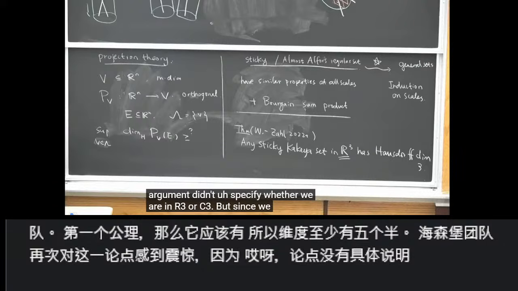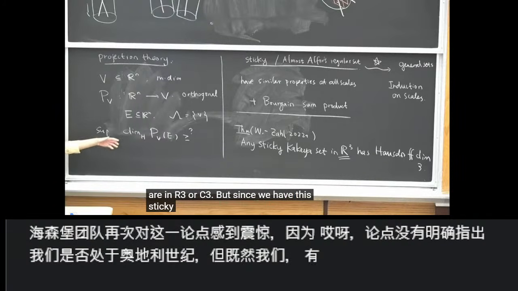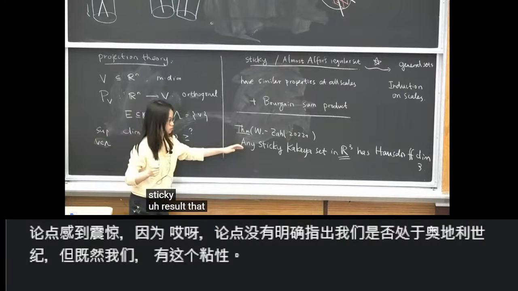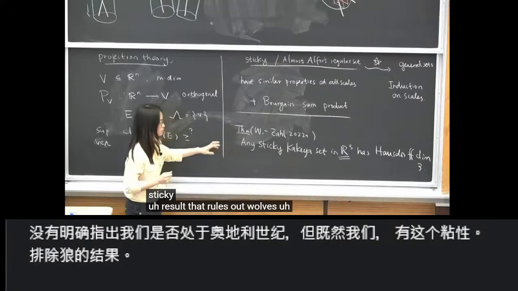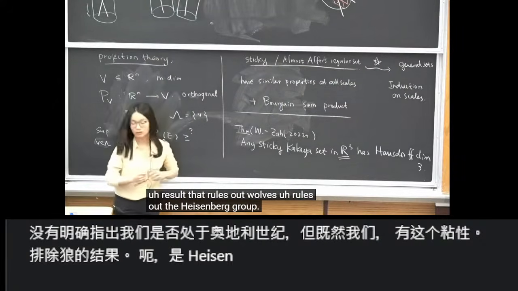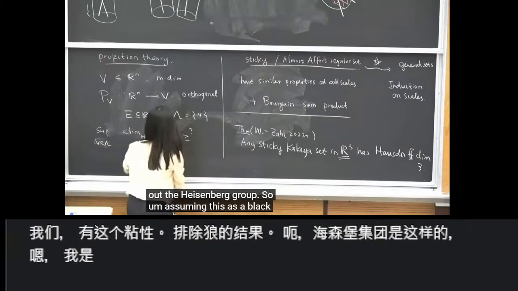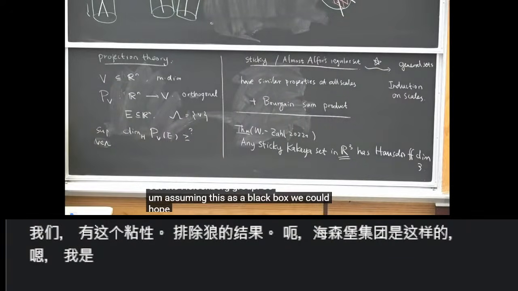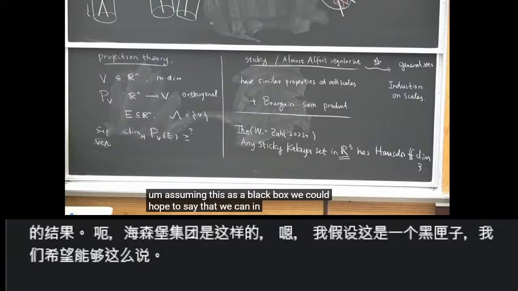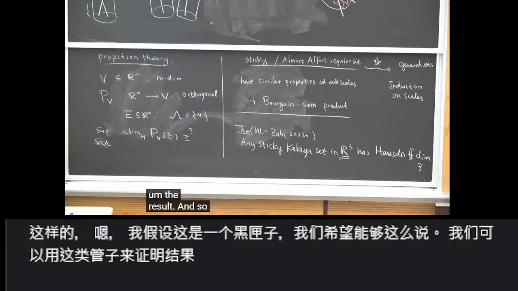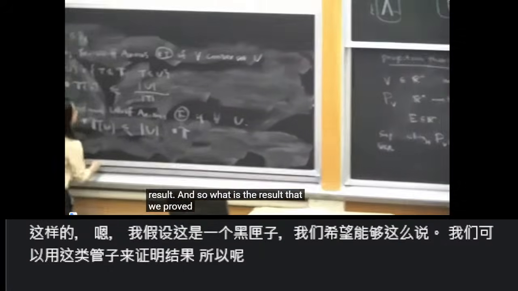But since we have this sticky result that rules out the Heisenberg group, assuming this as a black box, we could hope to work with this class of tubes and prove the result. And so what is the result that we proved?